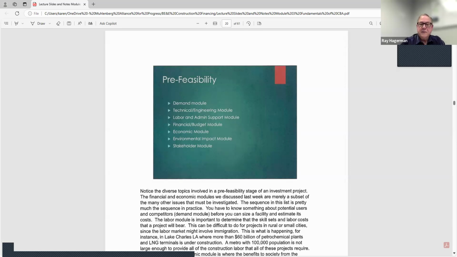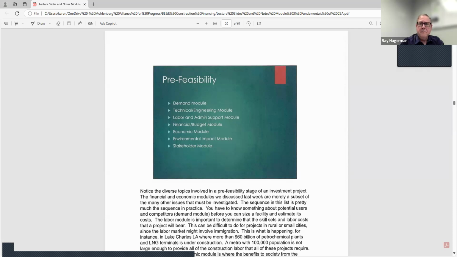The economic module, obviously: what are the impacts to the community? Environmental impact, depending on what kinds of companies you have moving to your area. If the project has some negative effects to the local environment, you need to take those into consideration. You've got to determine what the environmental impact actually is. In most cases these days, when you're looking to locate a project, you usually have to have a study to find out that you don't have any archaeological issues.